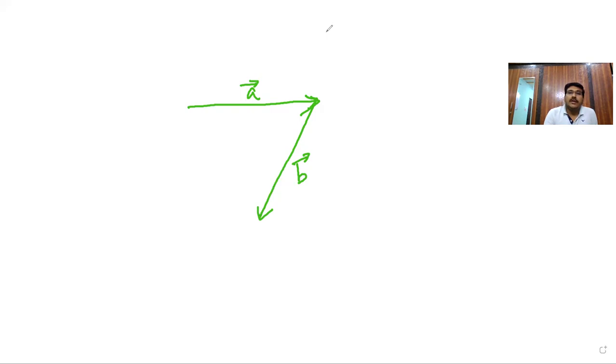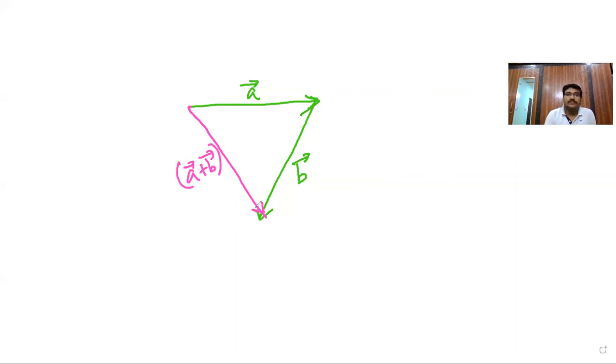Now, according to triangle law, addition is initial point to final point. So this is addition. What is this addition? A bar plus B bar is a vector, initial position to the final position.